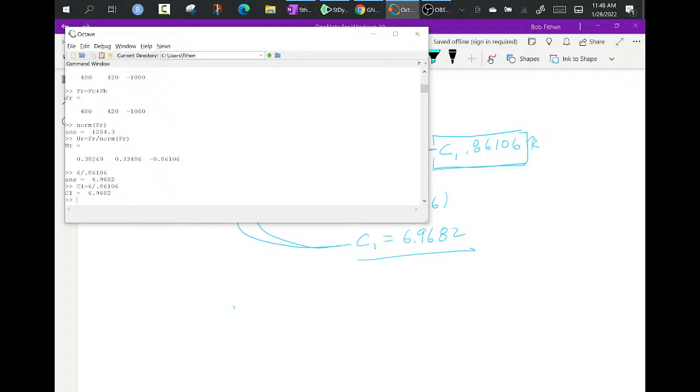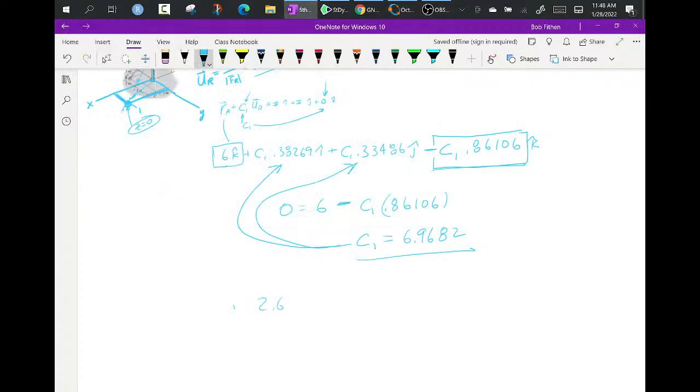Now I'll take C1 times UR, and notice what I get right here: minus 6. But the others are 2.666I and 2.333J, and that's the location that that pin should be in to hold that.